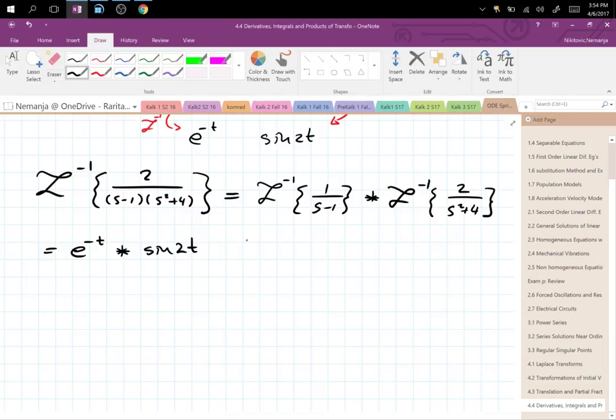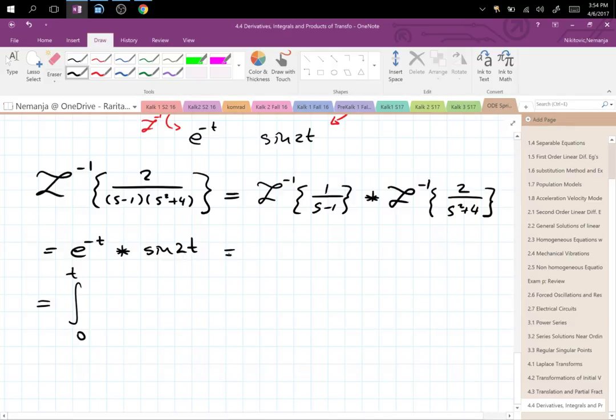So when we do the convolution, this is going to be the integral 0 to t. Then we change the first one into a tau and the second one into t minus tau. Oh, that's not going to be good, because then I have to do the 2t.